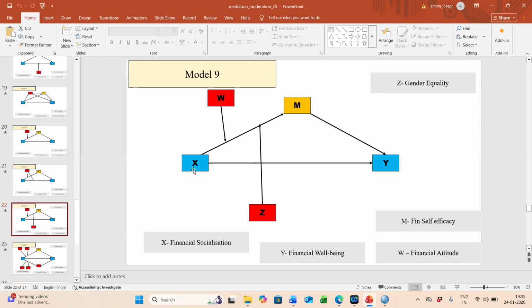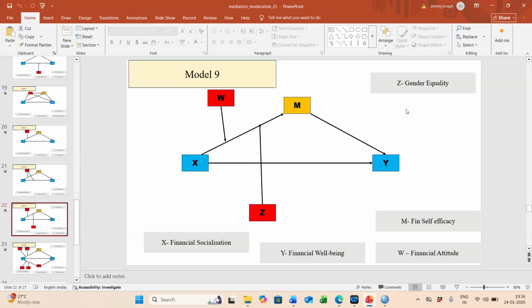Here we have one independent variable, one dependent variable, one mediating variable, and two moderating variables. Moderating variables are labeled as W and Z. So, as in the older examples, X is the financial socialization, Y is the financial well-being, the mediator is financial self-efficacy, W is financial attitude, and Z is gender equality.